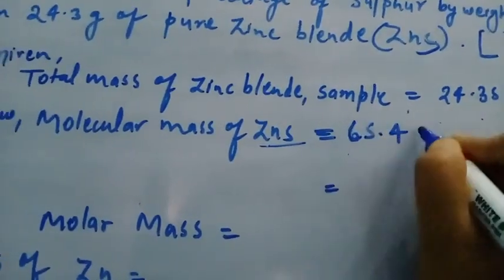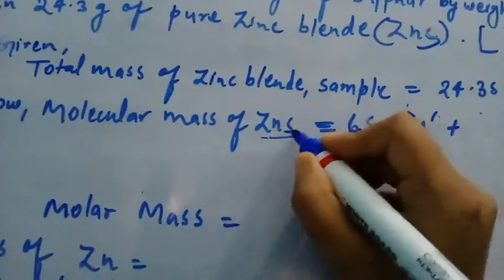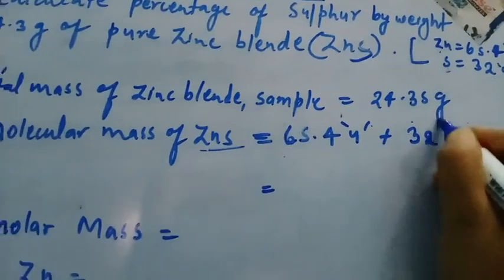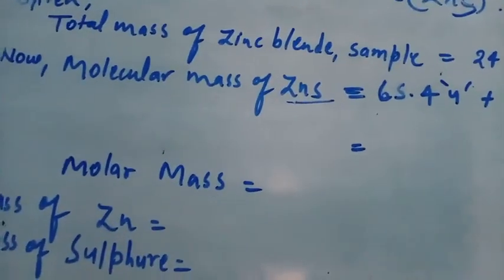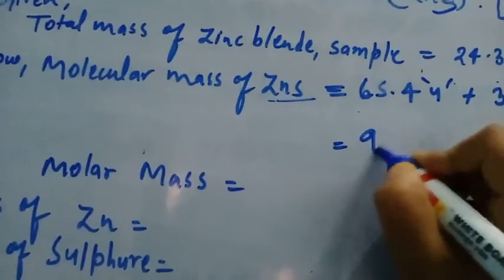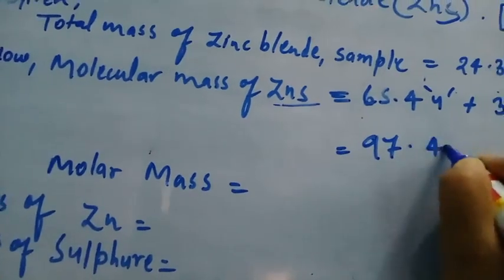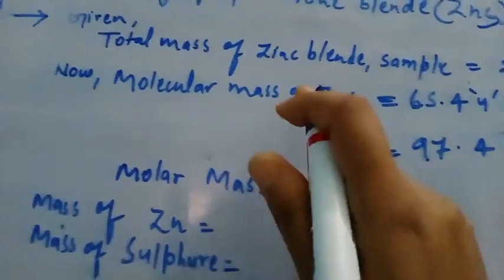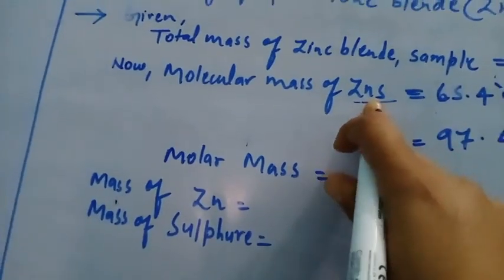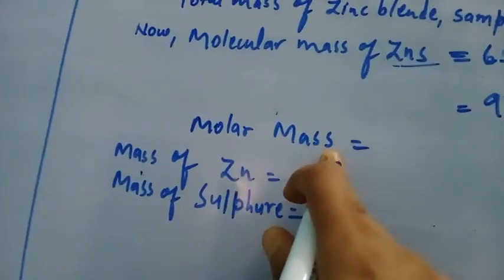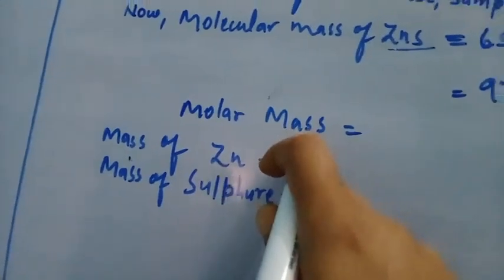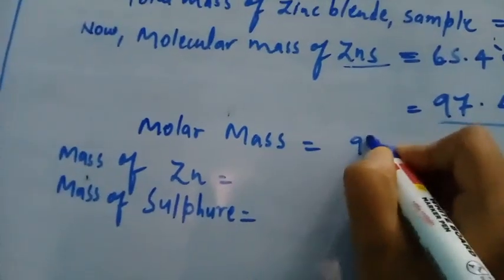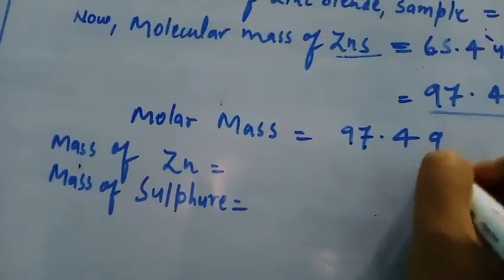The molecular mass of zinc blend is calculated by adding the atomic mass of zinc, 65.4 U, plus the atomic mass of sulfur, 32 U. In total we get 97.4 U. From the molecular mass we can write the molar mass, or the mass of 1 mole of zinc sulfide, which will be 97.4 gram.